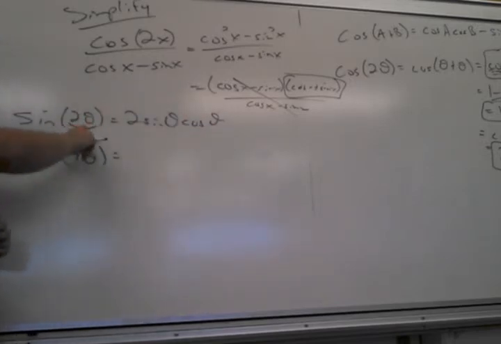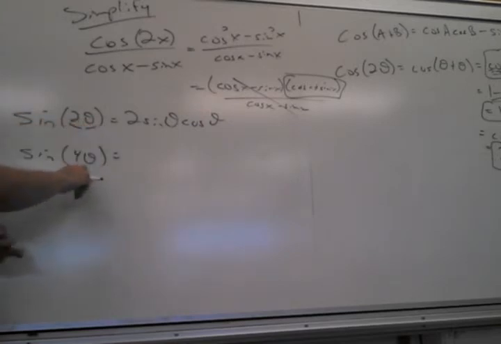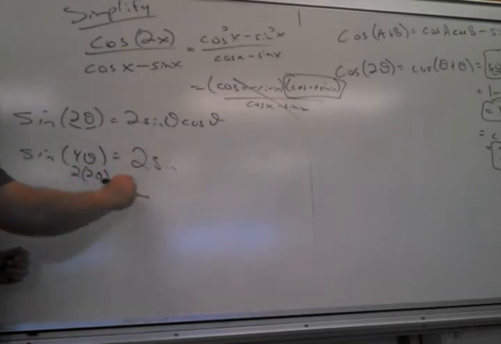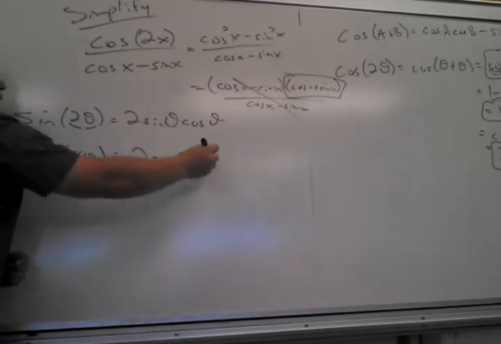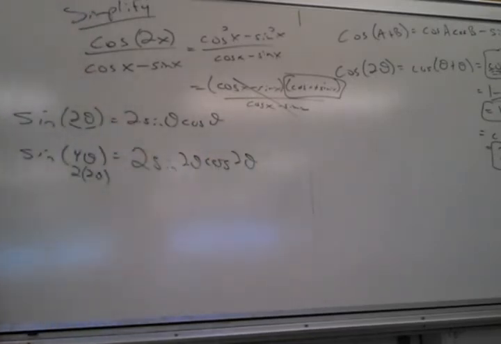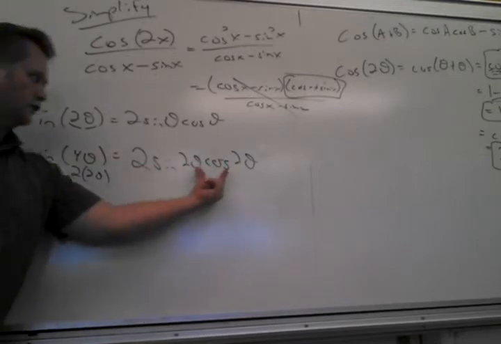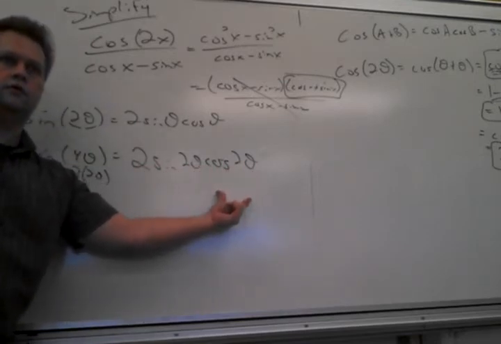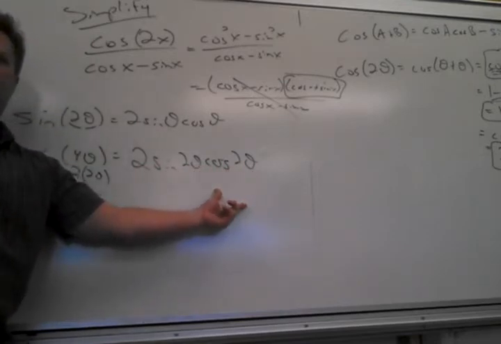Because this has got 2 thetas. So what has this got 2 of? 2 thetas. This is twice 2 theta. So it's still 2 sine 2 theta cosine 2 theta. And then you can go further if you want to for each of these.